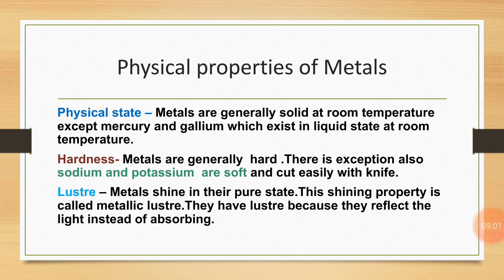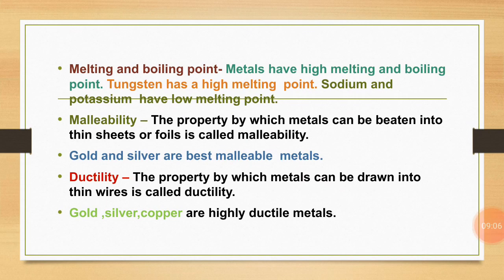The next physical property is the melting point and boiling point. Now we are going to learn whether metals have a high or low melting point. Metals generally have a high melting point and a high boiling point, but there are some exceptions.